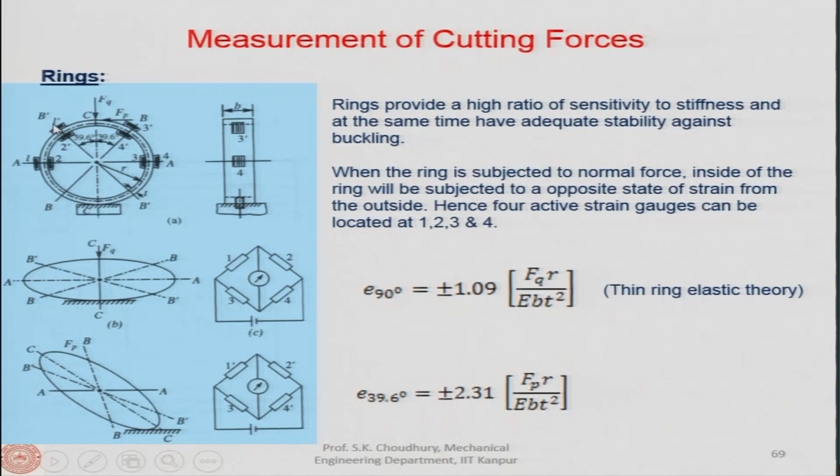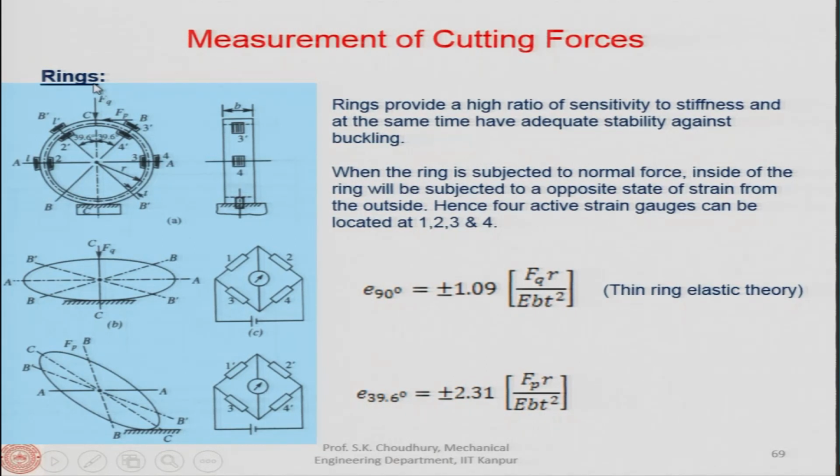So, we will have the 1 prime, 2 prime, 3 prime and 4 prime. This will be attached here in these nodes, and along the 90-degree we will have 1, 2, 3, 4, and 1 prime, 2 prime, 3 prime and 4 prime are at the 39.6 degree. So, we will have 2 sets of strain gauges, and these gauges of course will sense, as you understand, this force.